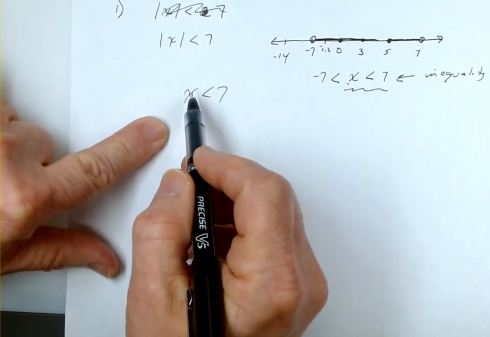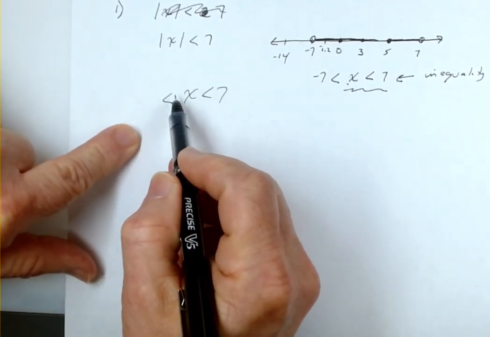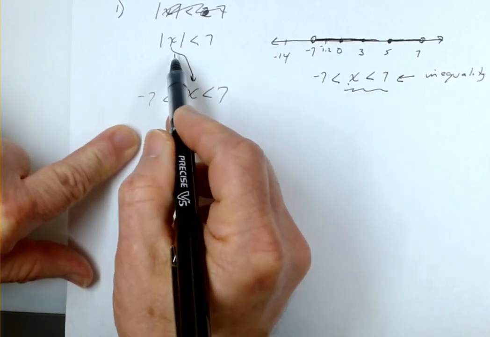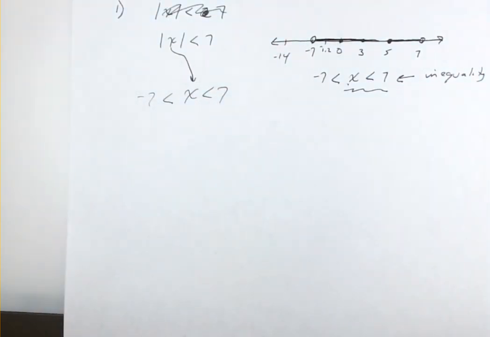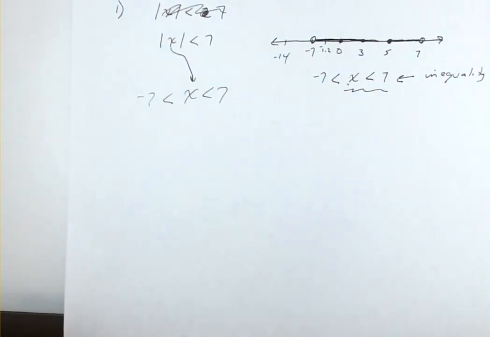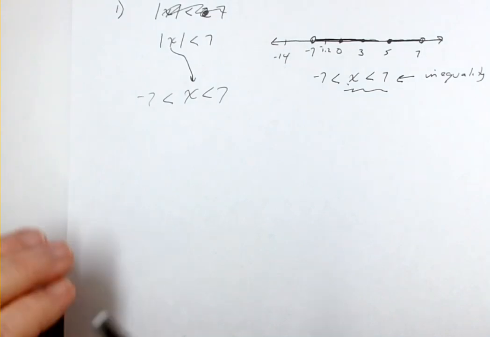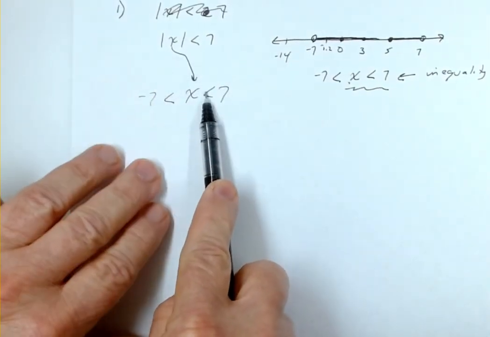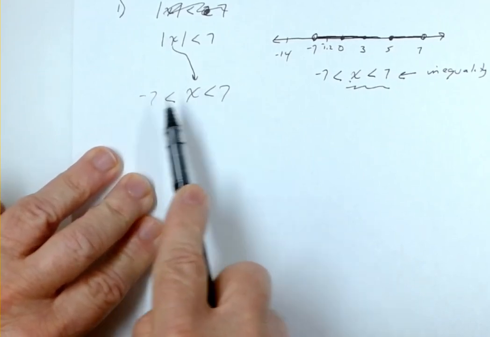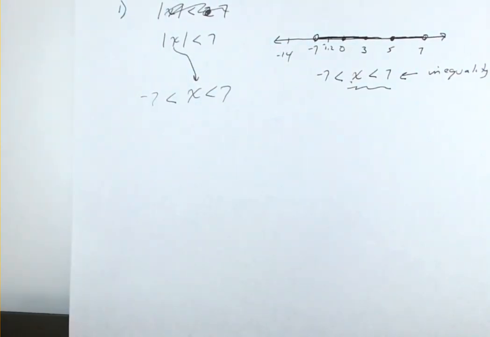And at the same time, x has to be greater than -7. So all you do when you rewrite this without the absolute value bars is write it as a compact statement, a compound inequality. So you have x is less than 7, and at the same time, x is greater than -7. Notice the numbers on the outsides are opposites.